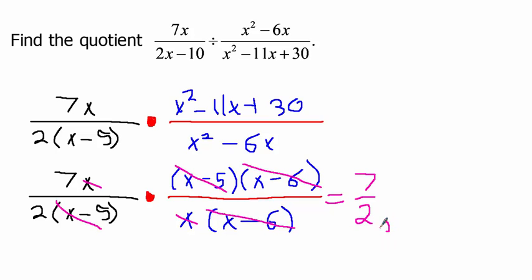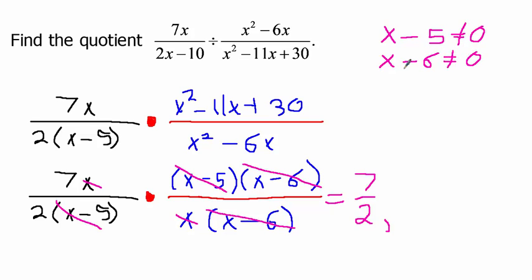But we had a whole ton of things in the denominator. We started out with these two things in the denominator, and that's going to mean that x minus 5 cannot equal 0. When this was in the denominator, x minus 6 could not equal 0.